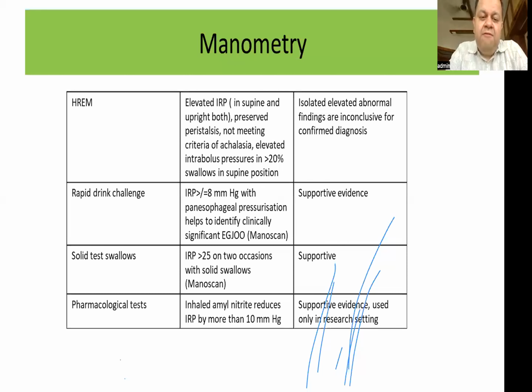Here, if the IRP is elevated to more than 25 on 2 occasions with solid swallows, we can label it as EGJ outflow obstruction. Certain tests like using inhaled amyl nitrite, which reduces the IRP by more than 10 millimeters of mercury, are only used in research settings and are not used in clinical practice.